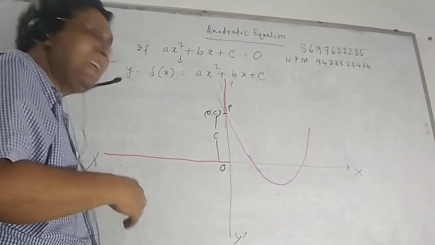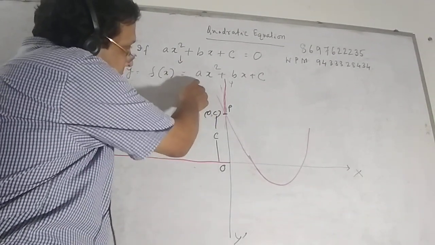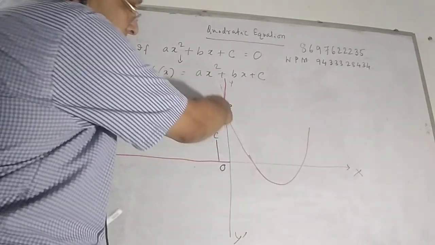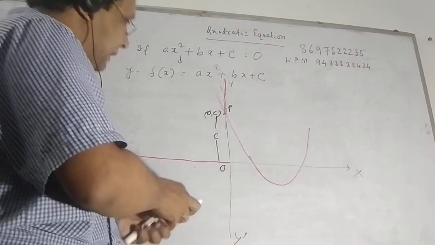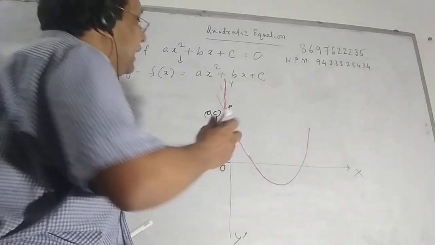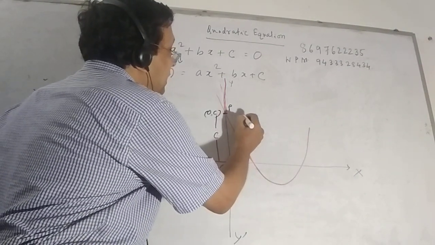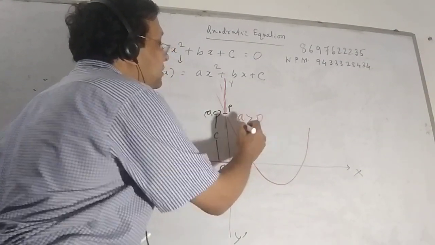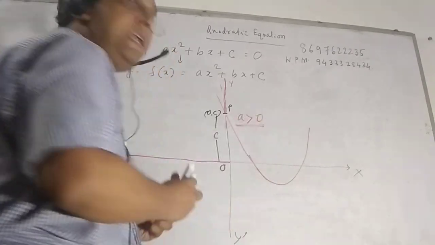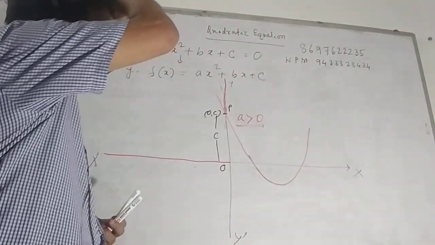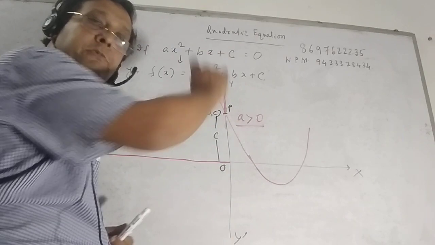Now, as I told you, depending on the sign of this, suppose for this parabola a is greater than 0. This is very important. Seeing this coefficient, you can directly say the parabola is U-shaped.